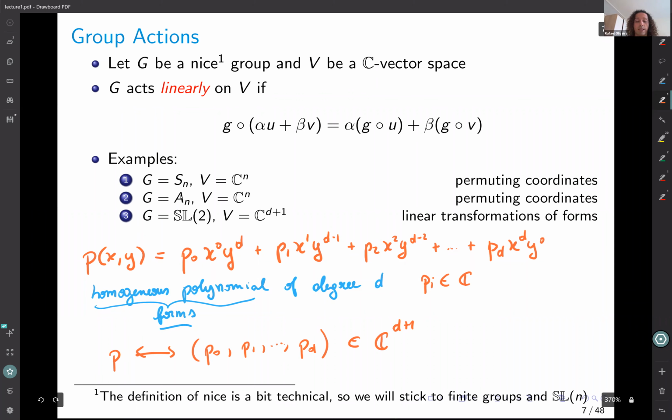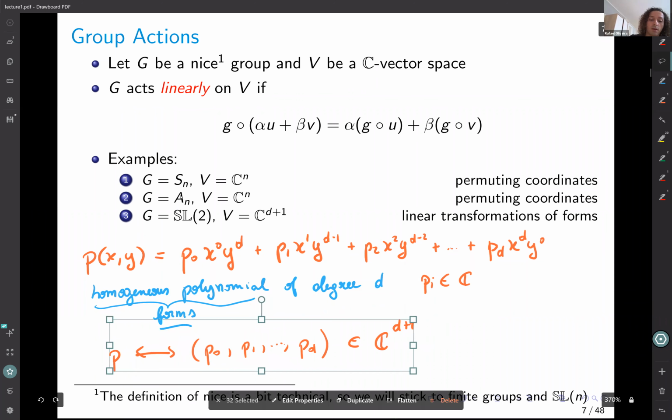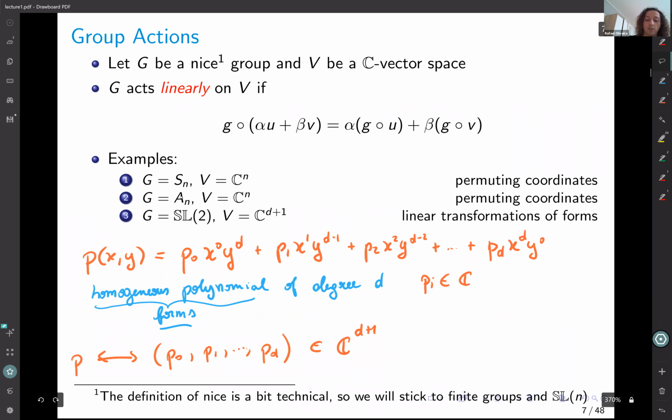Now what is the group action here? Let G be an element of the group, a 2 by 2 matrix in SL2, so a 2 by 2 matrix with determinant 1.